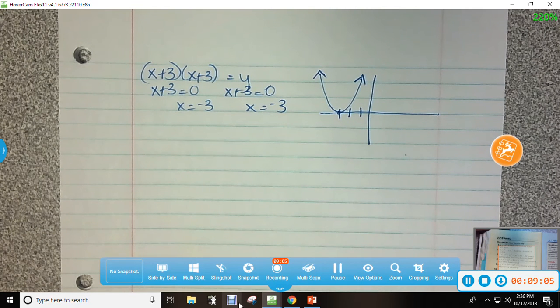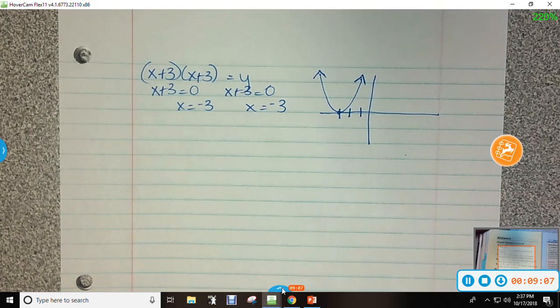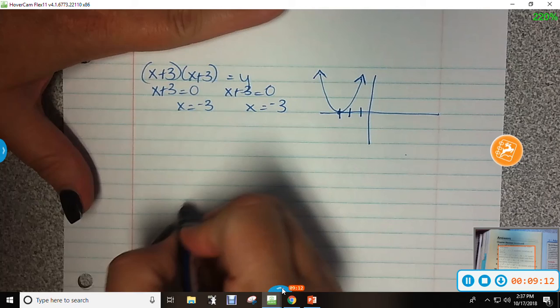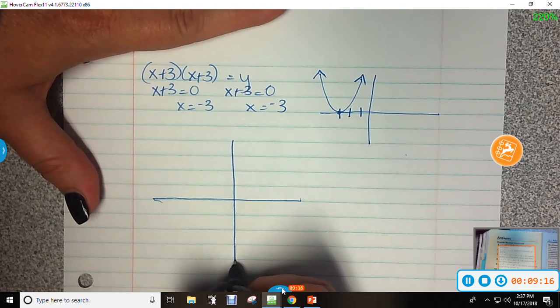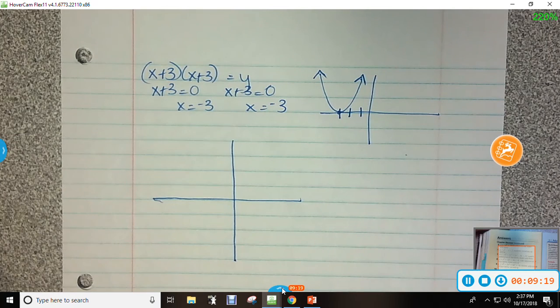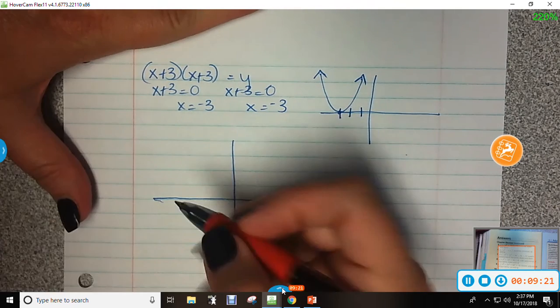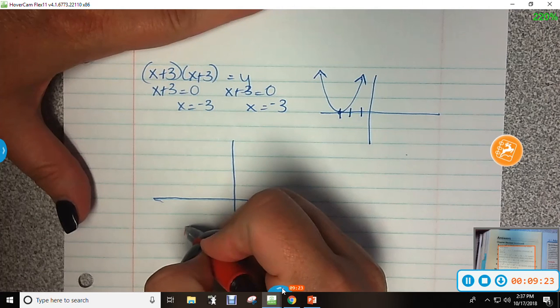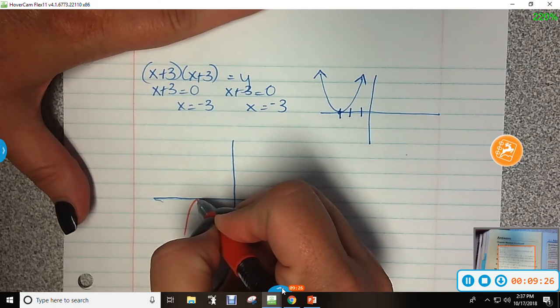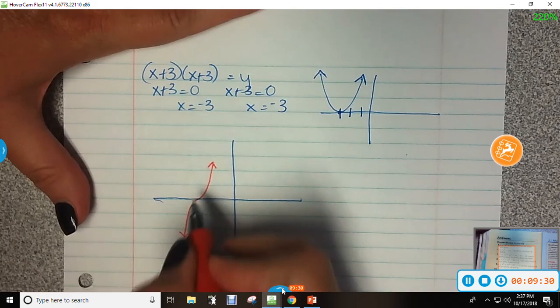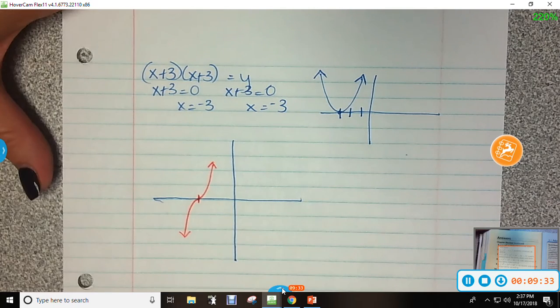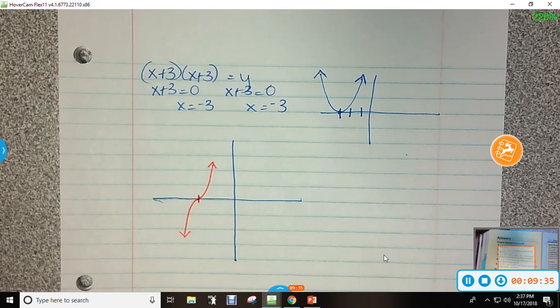So now, let's take a look at something that has a multiplicity of 3. And we talked earlier about a little bit of a wiggle in the graph. So here, if my graph comes to the x-axis and wiggles as it goes through the x-axis, that point right there is going to have a multiplicity of 3, or possibly a higher odd multiplicity.